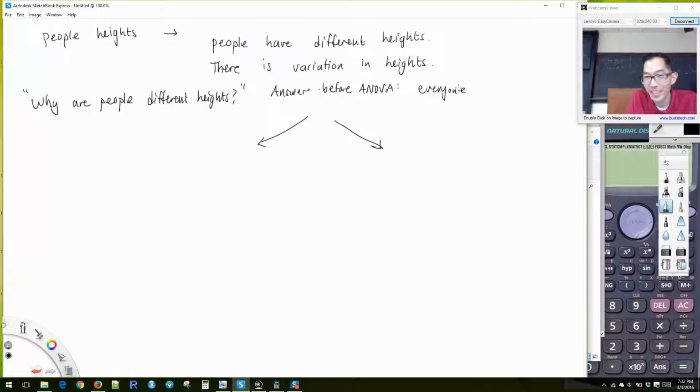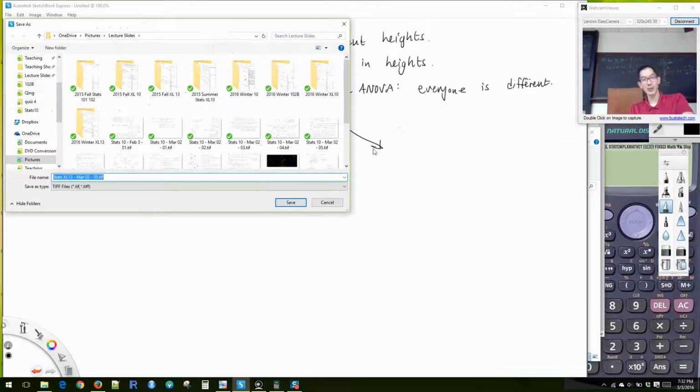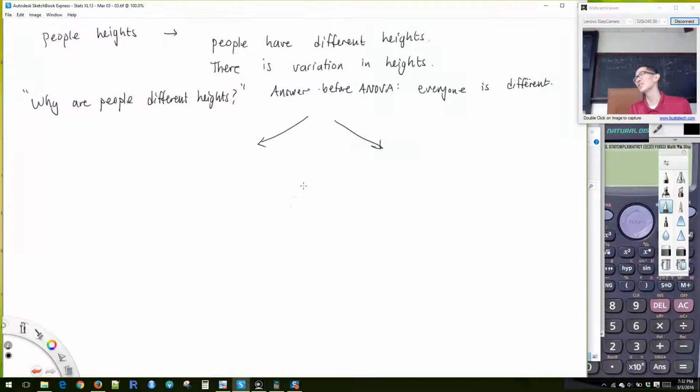That is why they are different heights. Everyone is different. People have different heights. Why do people have different heights? Because everyone's different. I mean, that's a silly answer, okay?